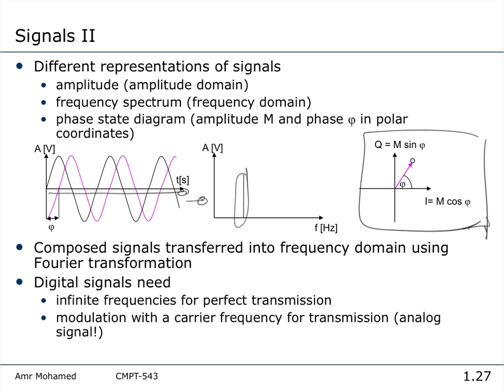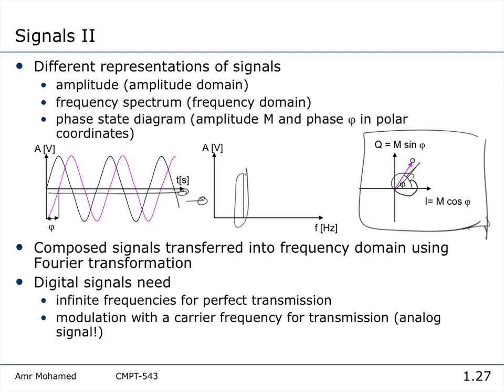This type of visual representation gives me some idea about the phase of the signal and the amplitude. Each sine wave in that case is represented using a dot, one particular point in the IQ diagram.